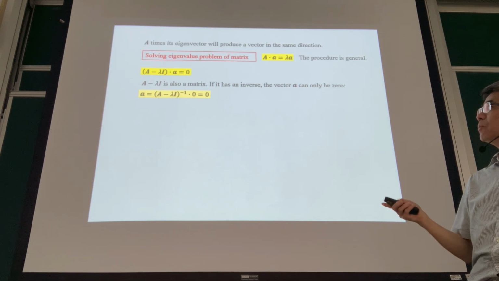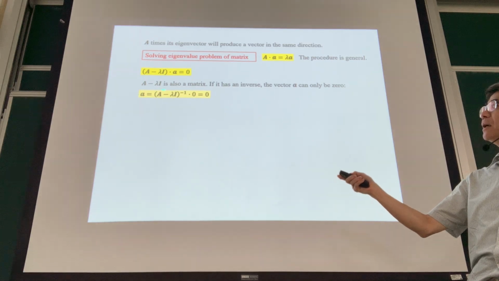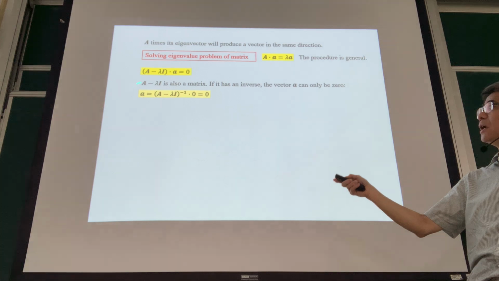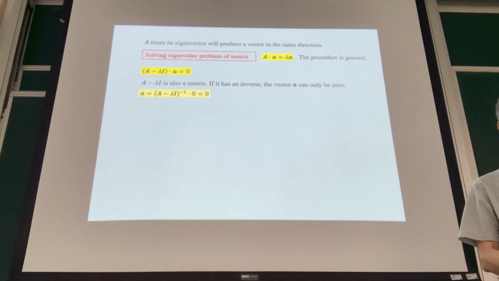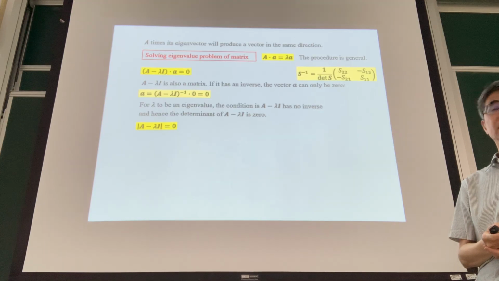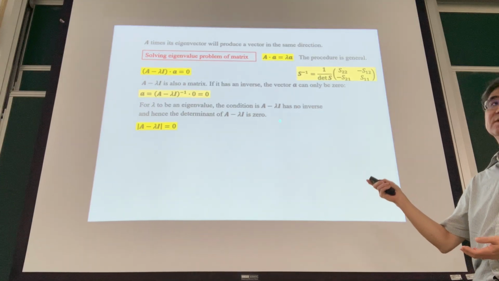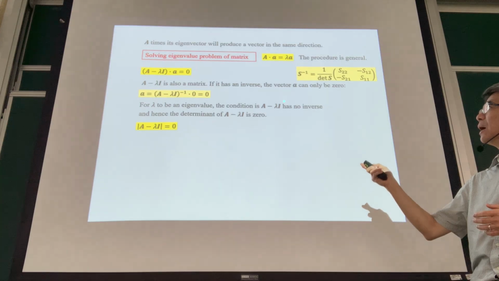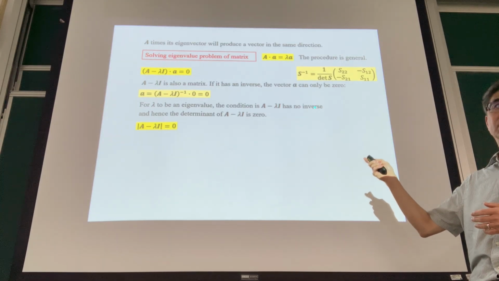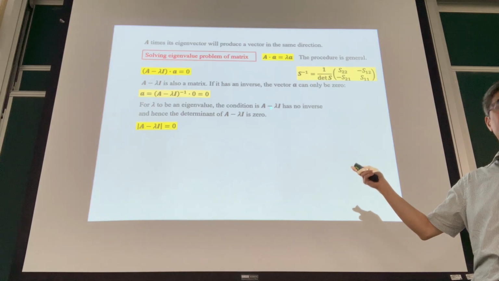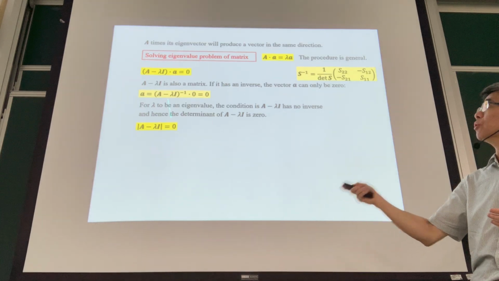So here I write it: if this inverse matrix exists, then a could only be equal to 0. We are not interested in this kind of solution. Therefore, I want a condition so that A minus lambda I has no inverse. The condition for this to have no inverse is that its determinant equals 0.